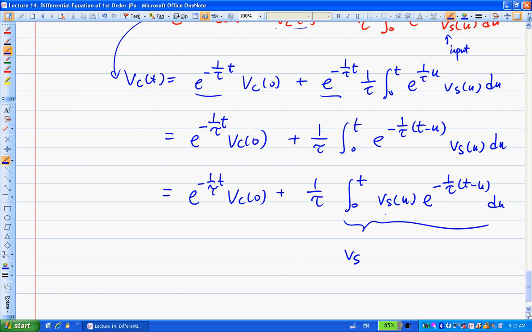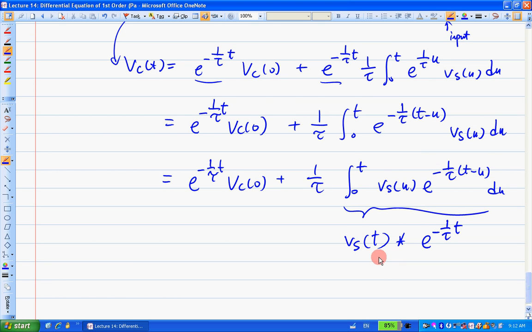Vs of t convolving which one? This one, and this. This is basically the definition of convolution, isn't it? This is the definition of convolution.